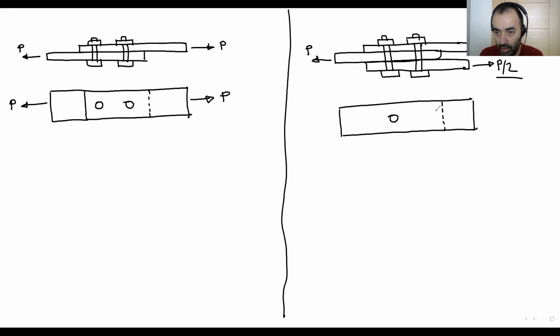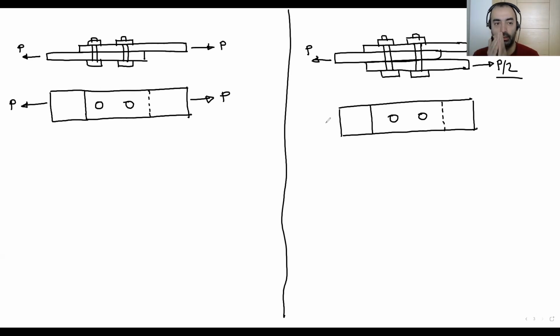I have 1 bolt and bolt. Yes, this is the plan view of this connection.